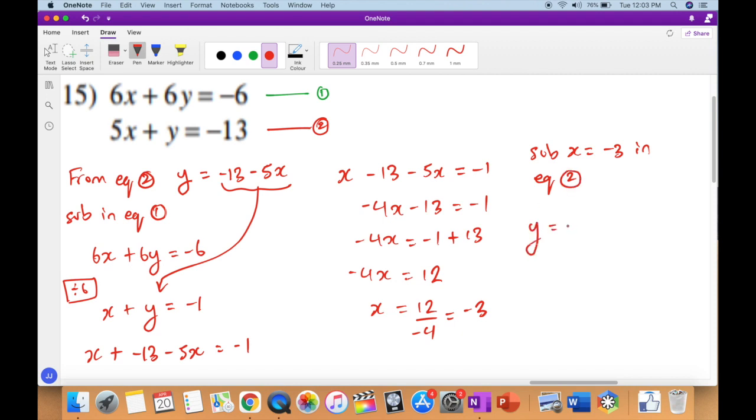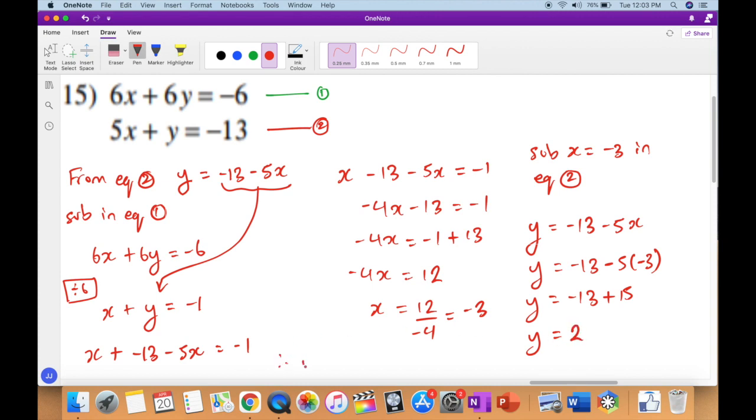Y is equal to negative 13 minus 5x. Y is equal to negative 13 minus 5 into negative 3. Y is equal to negative 13, 5 3s are 15, and it'll be plus 15 because you have two negatives, this one and this one. Right? So y will be equal to 15 minus 13 is 2.